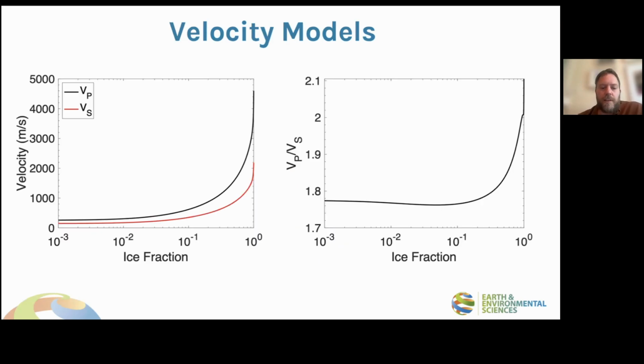And so down at the low ice fraction, you can see that the shear and compressional velocities are pretty much what have been measured by actual seismic experiments on the moon. And as you get close to 100% pore-filling ice, then you get substantially faster velocities.